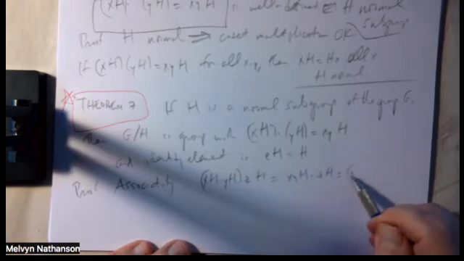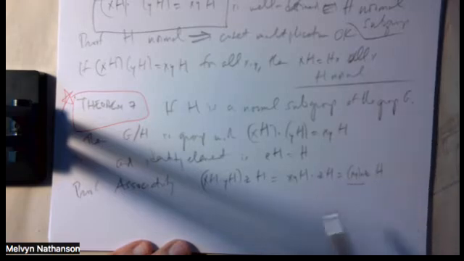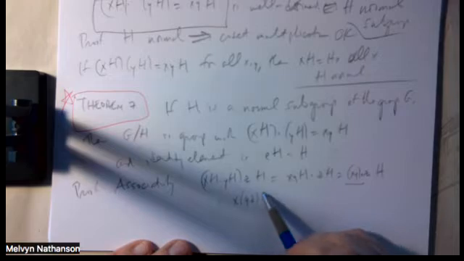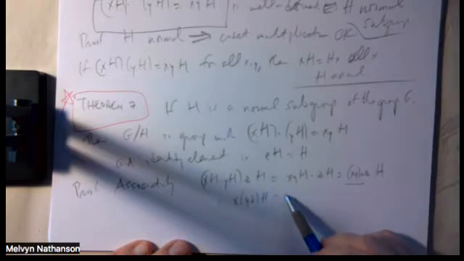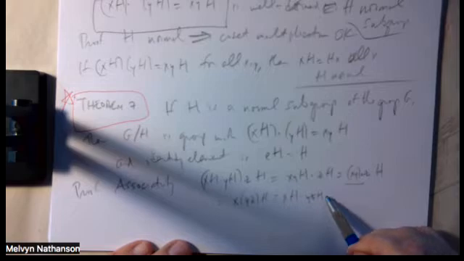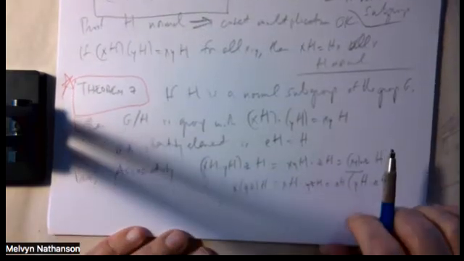So that's the coset xy times zH. But this element is the same as x times yzH, which is the same as xH times yzH, which is the same as xH times yH times zH. So that's the proof of associativity.